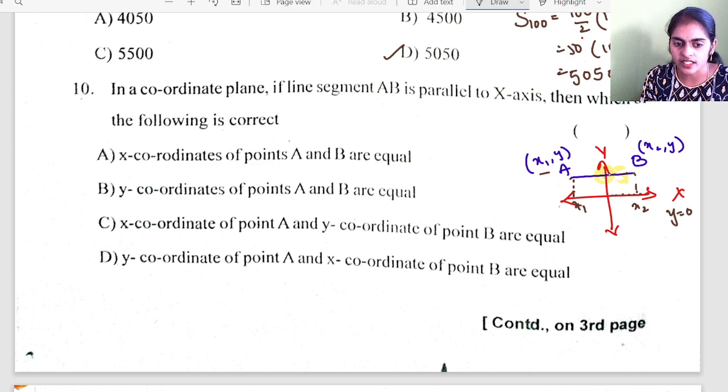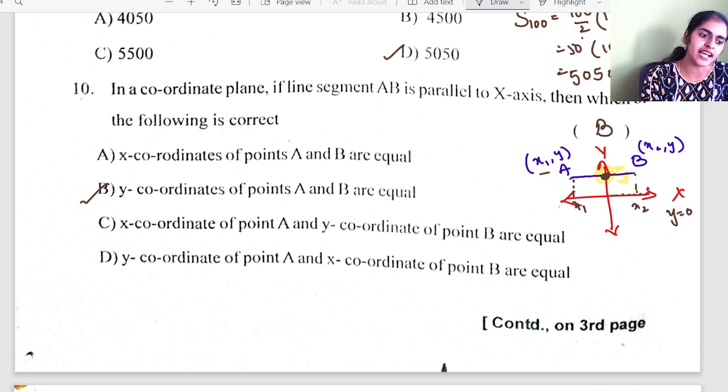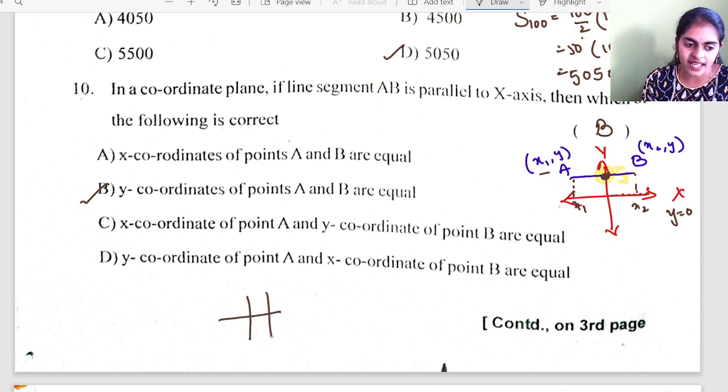Okay, but the y value, corresponding y value, here it is same for both of them. So x coordinates of point A and B are equal. It is wrong. Y coordinates are equal. This is correct. Yes, because y coordinates are same, y and y, since it is parallel to x-axis. If you have a line parallel to y-axis, here x coordinates are equal. Okay, here x coordinates are equal.